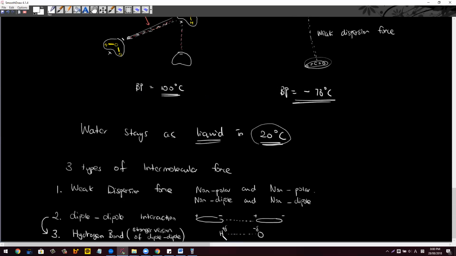So if you have hydrogen attracted to oxygen, or hydrogen attracted to nitrogen, or hydrogen attracted to fluorine, that's all slightly positive and slightly negative, and these are known as hydrogen bond. So now let's move on to some questions.